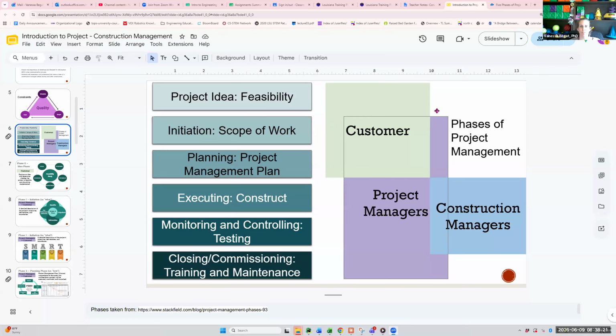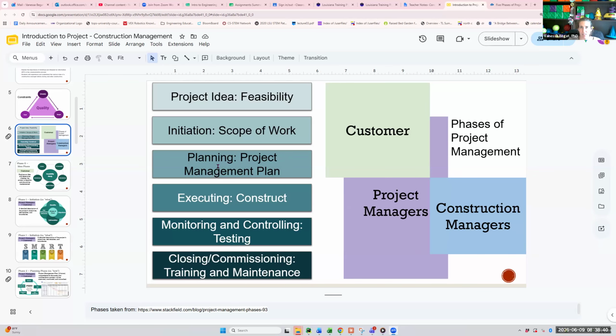If this wasn't your project, you might not have watched the videos, but project managers go all the way from the customer deciding that the project is feasible, so they say, okay, let's move forward. Then the project managers are really in the scope of the work. What is the plan? What are the end goals? And that's not really construction managers, right?